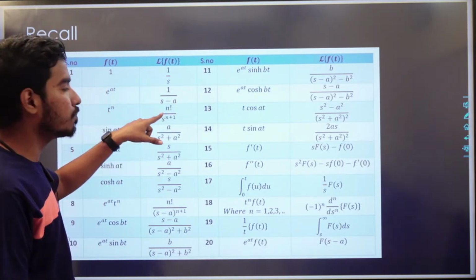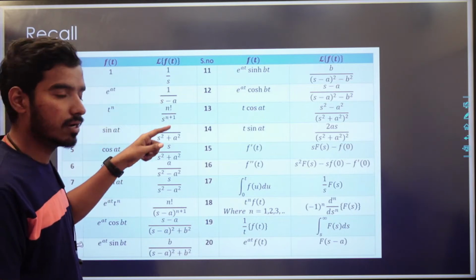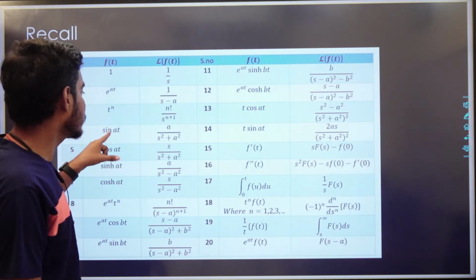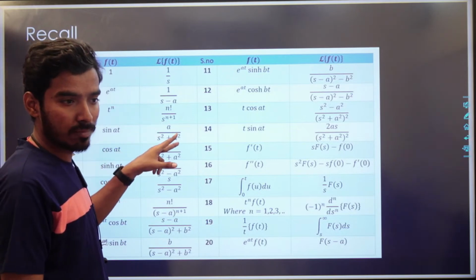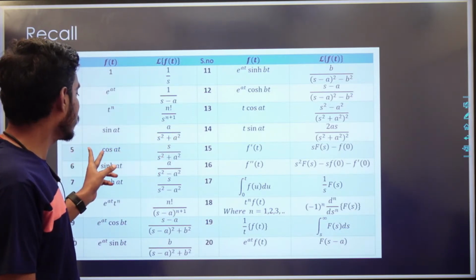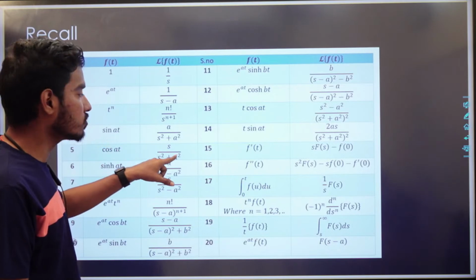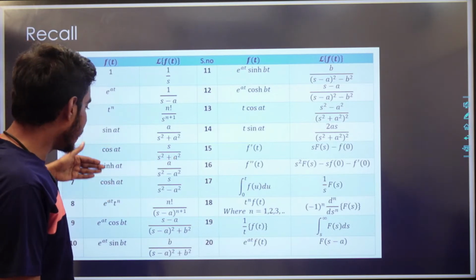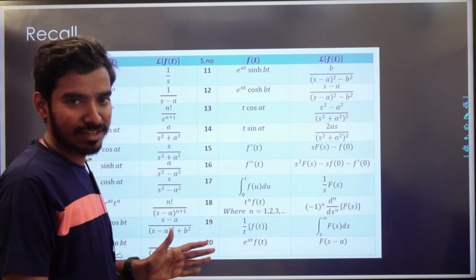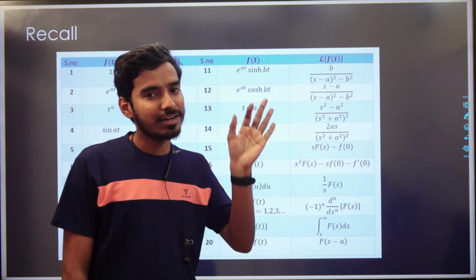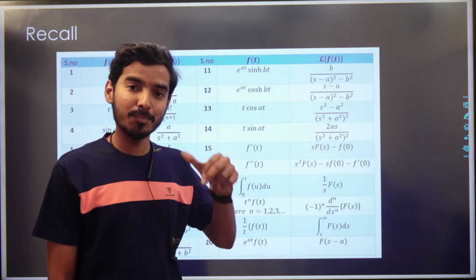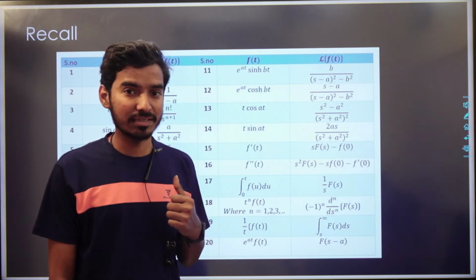Laplace transform of t power n is n factorial by s power n plus 1. Laplace transform of sin at is a by s square plus a square. And Laplace transform of cos at is s by s square plus a square. So don't think all are new. We have already completed all those in the previous days.